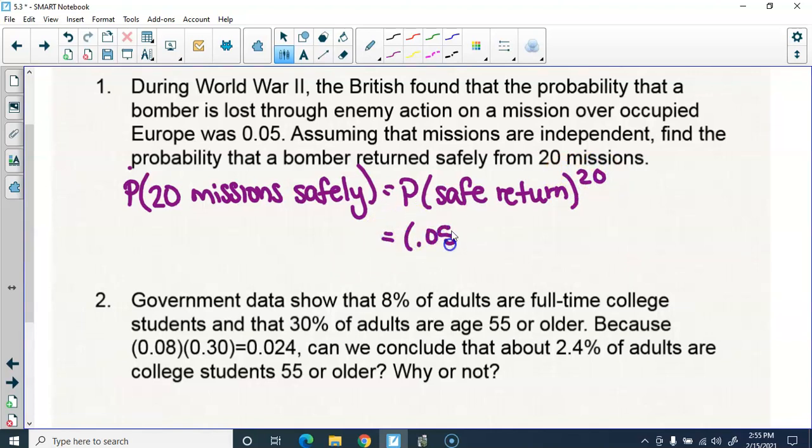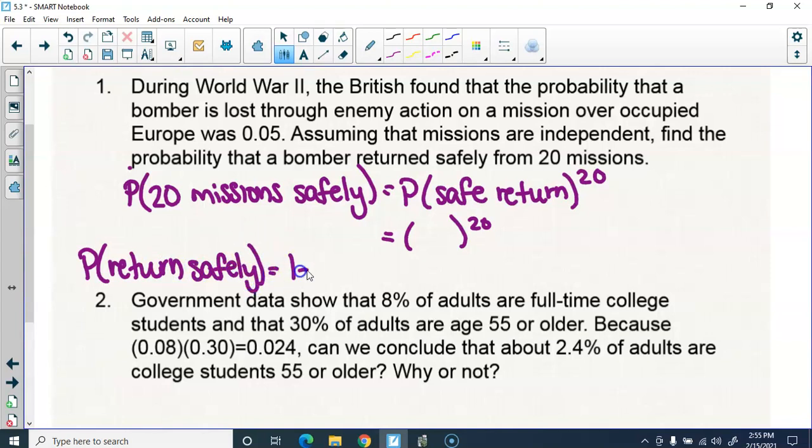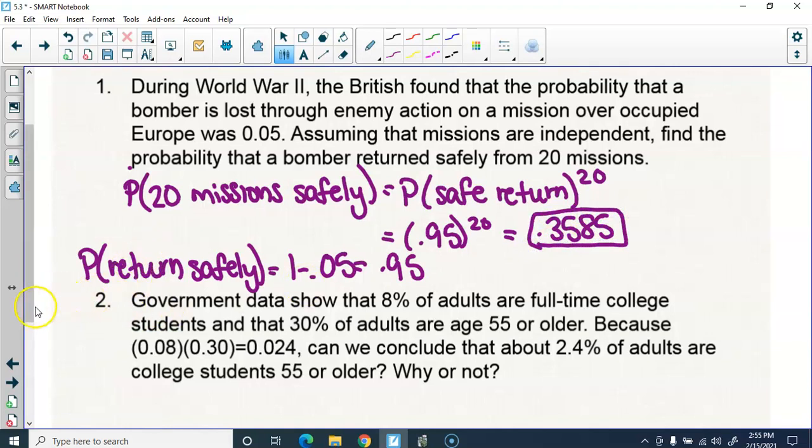Oh, sorry. The returning safely was the complement to the number they gave us, 1 minus 0.05. So that's the number we're raising to the 20th power. So 0.3585, a 35.85% chance of returning safely from 20 missions.